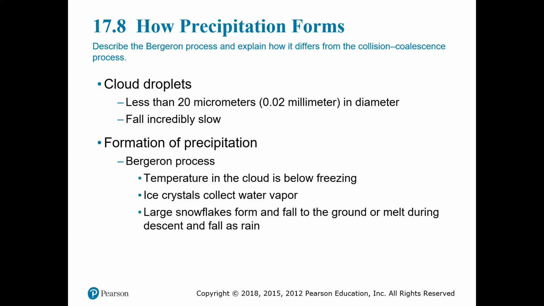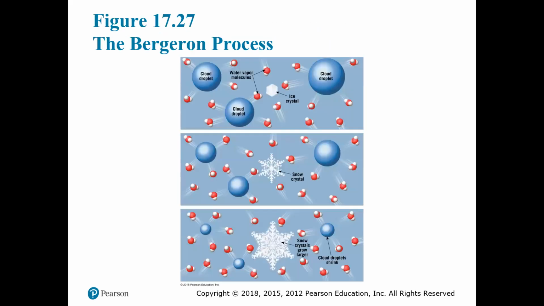Well, there are two different processes that explain what happens with precipitation: the Bergeron process and the collision coalescence process. We're going to look first at the Bergeron process.